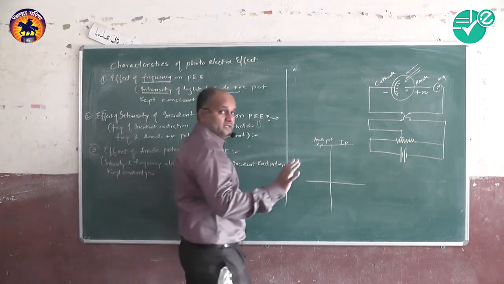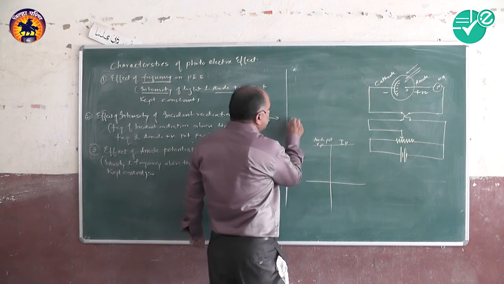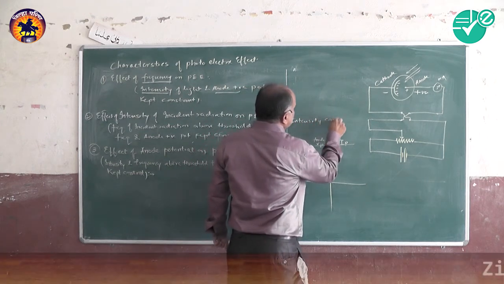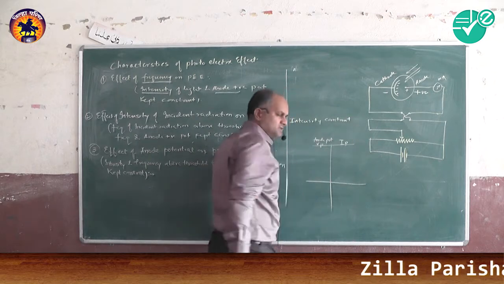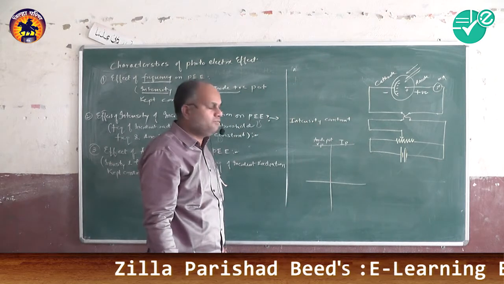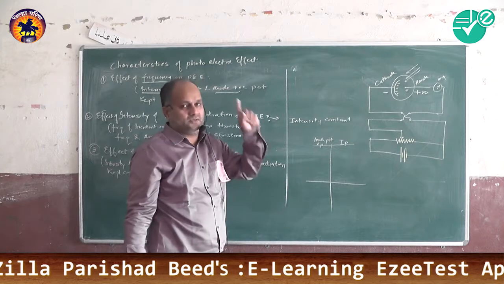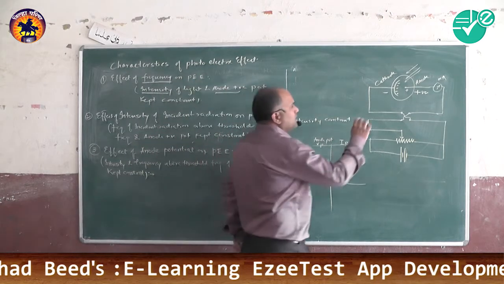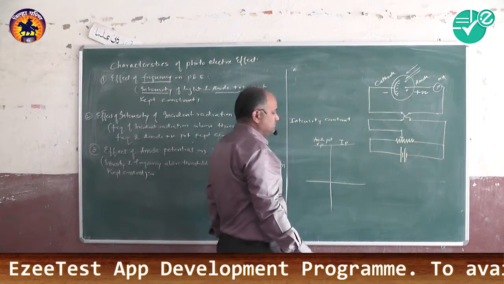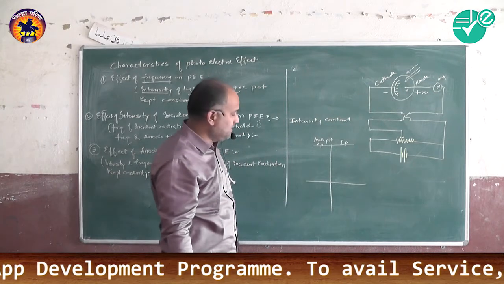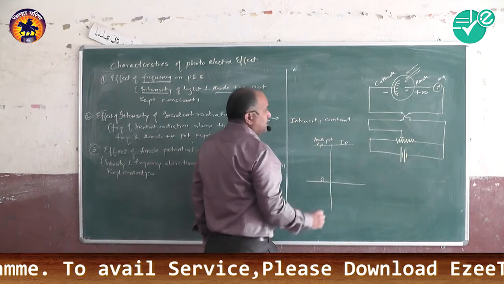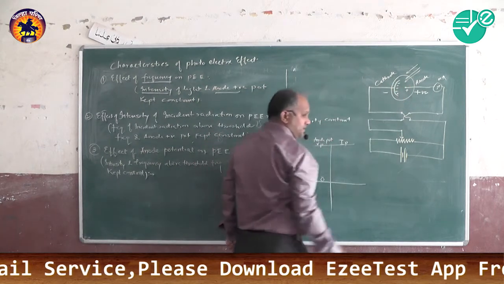Now let us consider we have kept the intensity constant. That means the number of emitted electrons per unit time from the surface of the cathode is kept constant. Let us consider, for example, a few electrons are emitted out. At zero potential, some of the electrons will be attracted here.